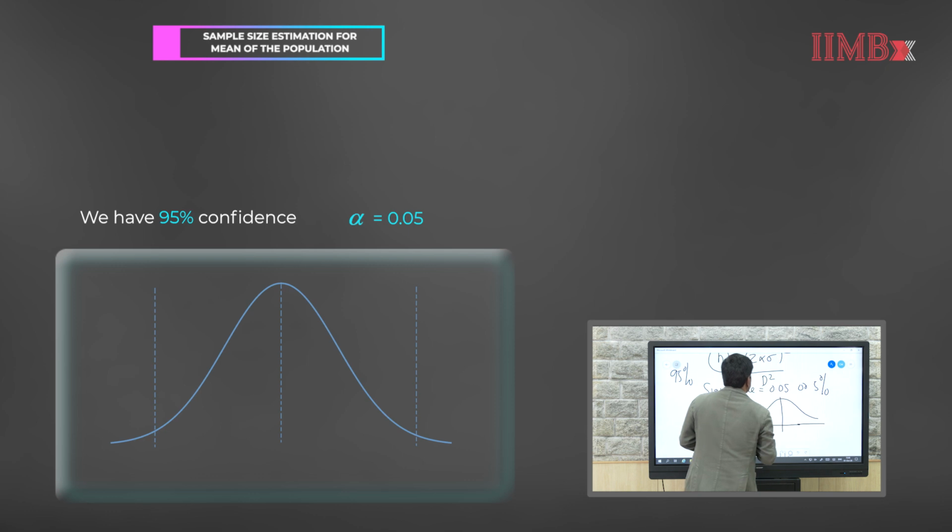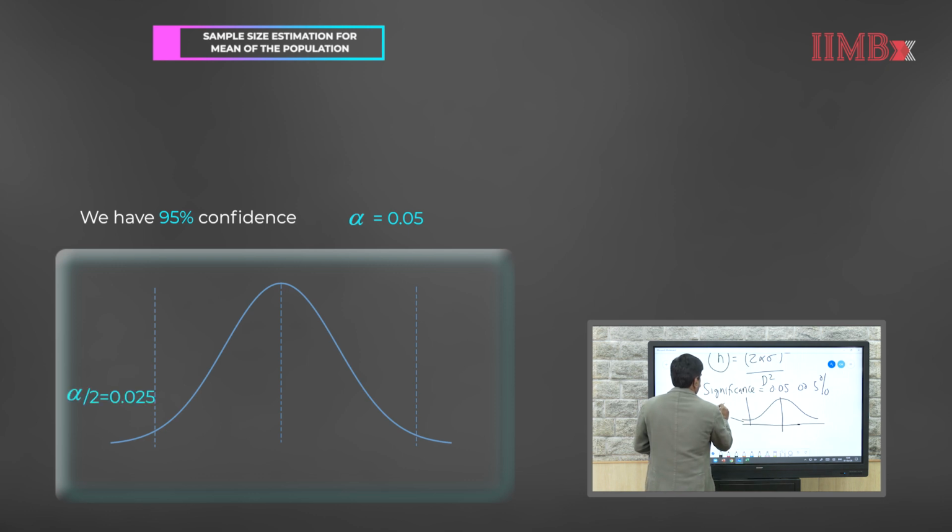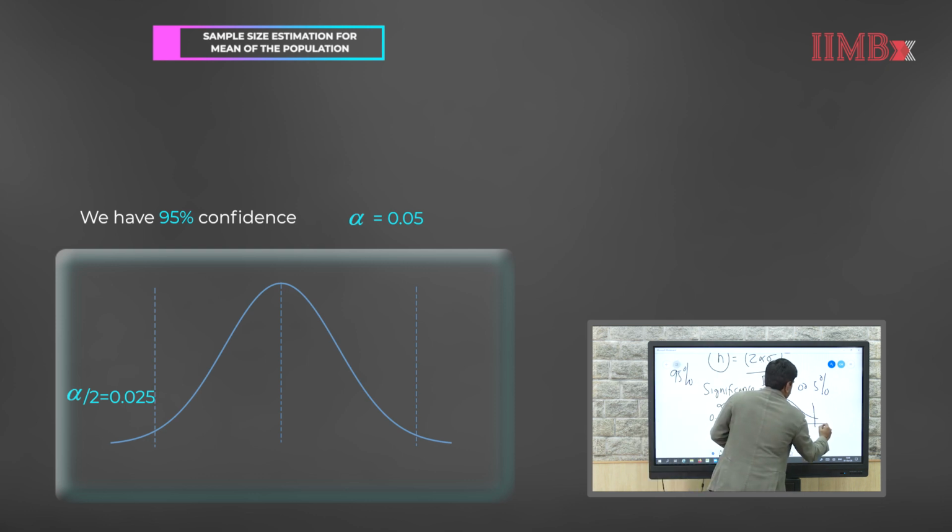So, if I take alpha as 5%, we divide that alpha. So, this will be alpha by 2, which will be 0.025, and on the right hand side again the area is alpha by 2, that is 0.025.